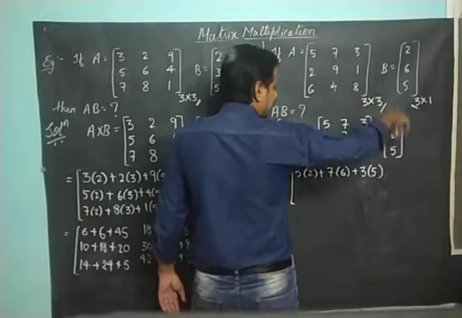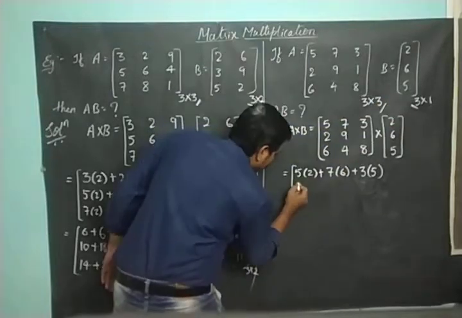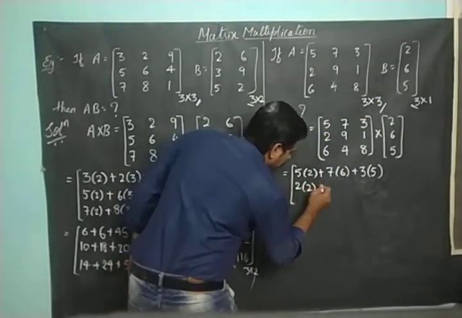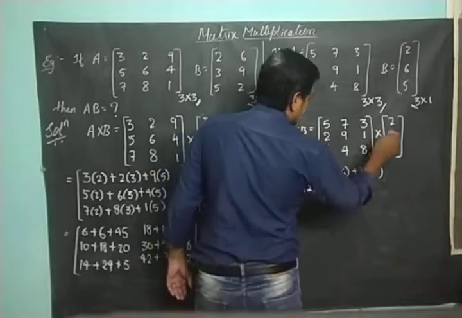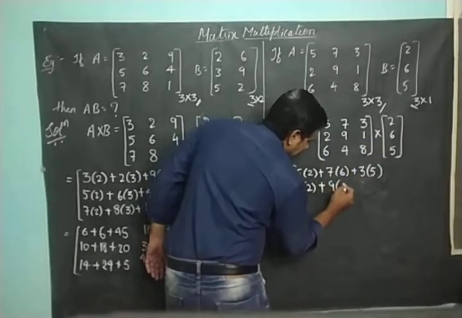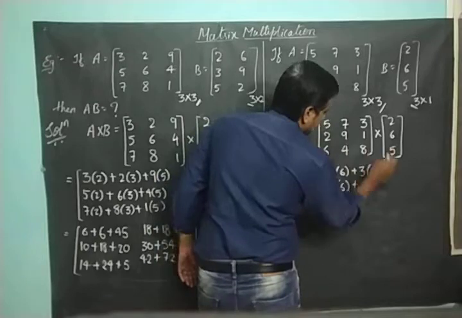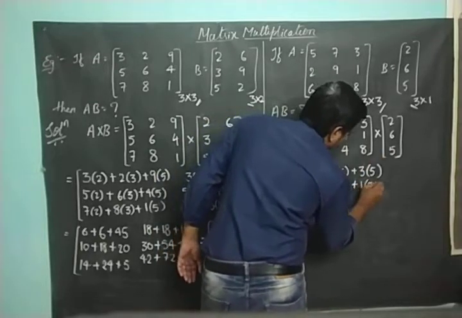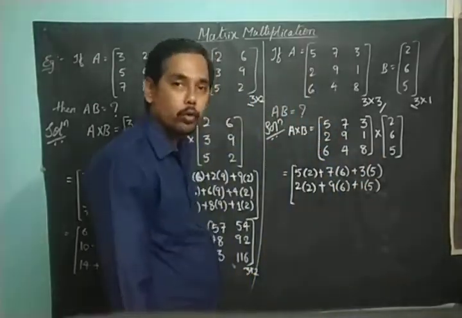So second row with first column, 2 into 2 plus 9 into 6 plus 1 into 5.